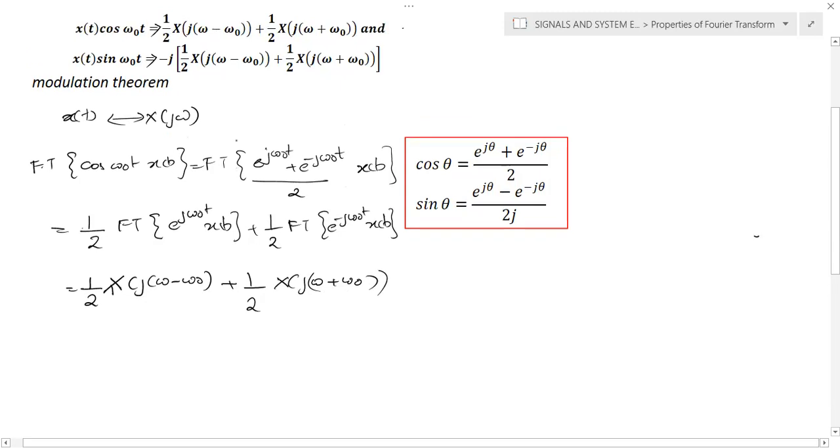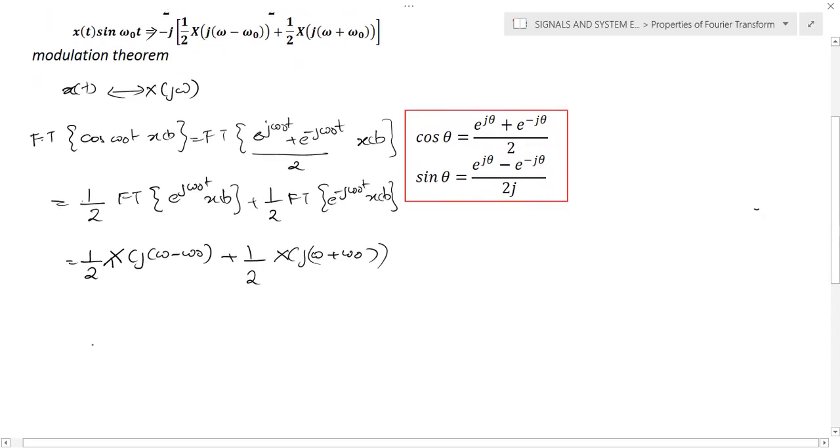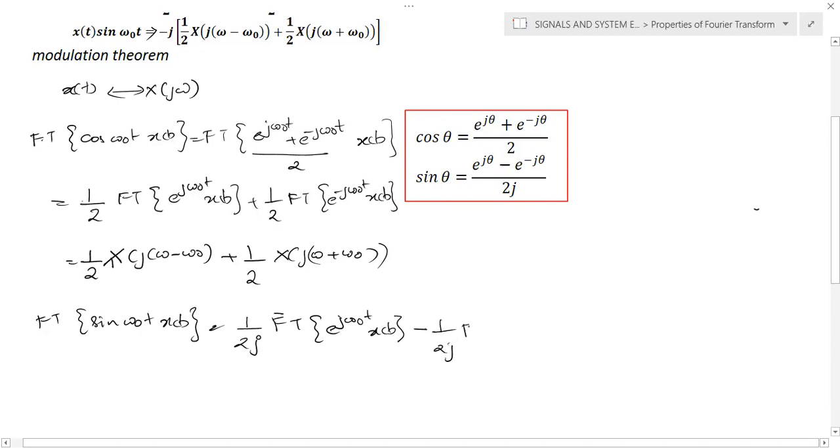And for the second signal, it's simply sine omega 0 t. If you find the Fourier transform of sine omega 0 t into x of t, again you can apply Euler's formula, and you can write 1 by 2j Fourier transform of e raised to j omega 0 t into x of t, minus 1 by 2j Fourier transform of e raised to minus j omega 0 t into x of t.